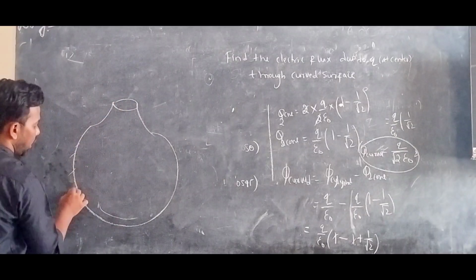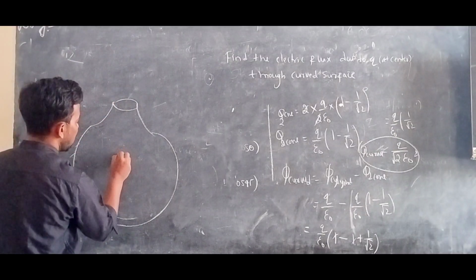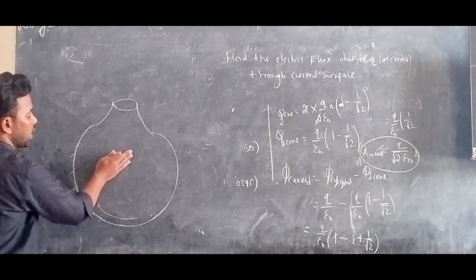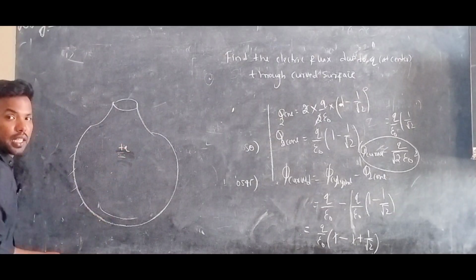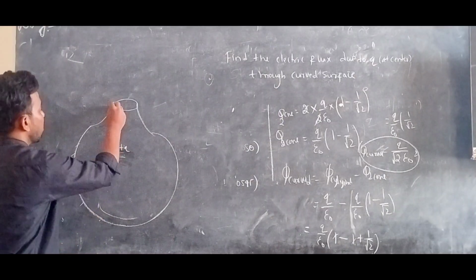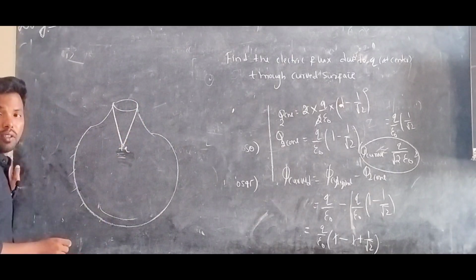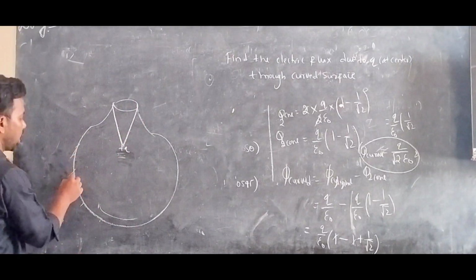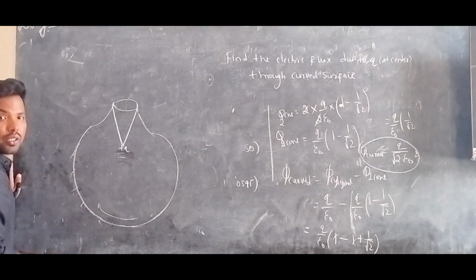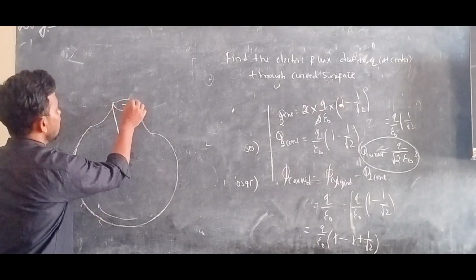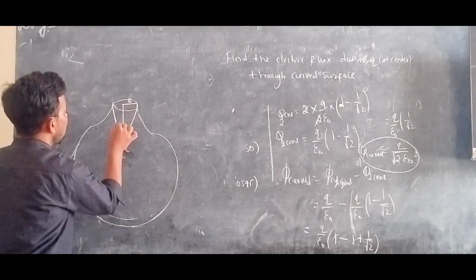Here you have to find the case where the plus q charge is placed here, not at the center. So here you have to find this part, the curved surface area. Let us take this as r, this as h.